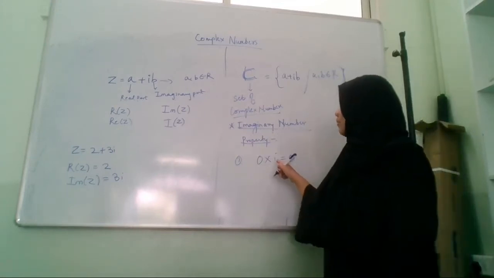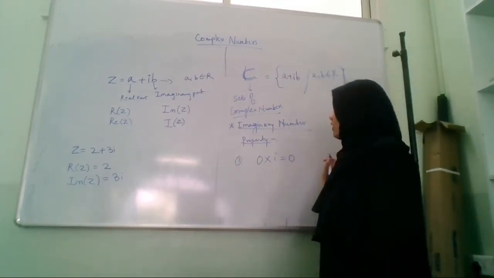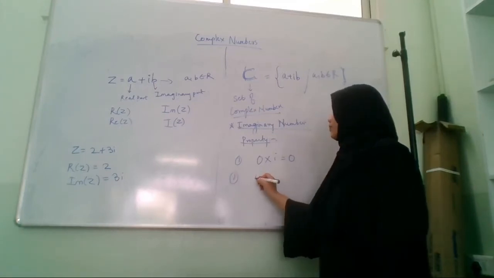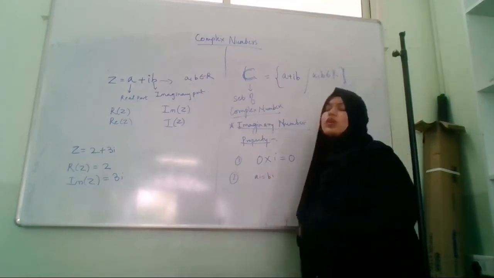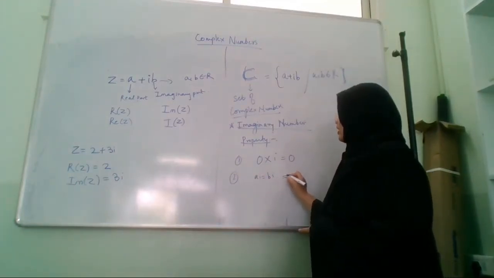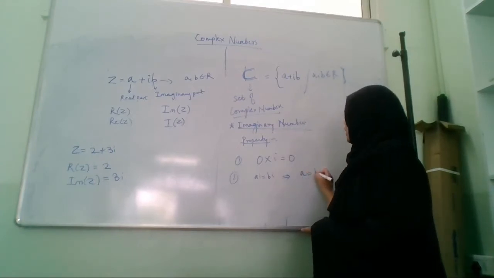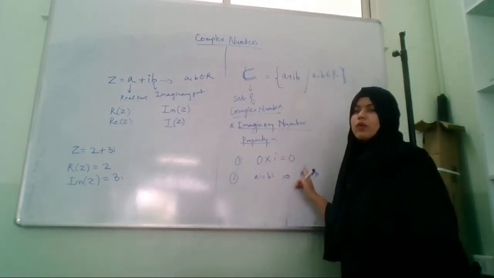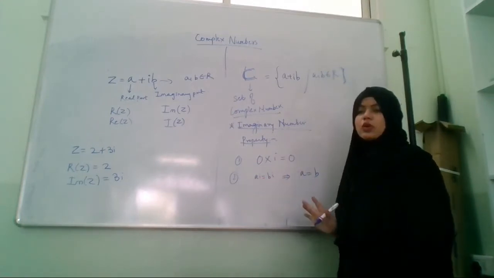Second, if ai equals bi, two imaginary numbers are equal, then this implies a should be equal to b. a and b should be equal, then only ai will equal bi.